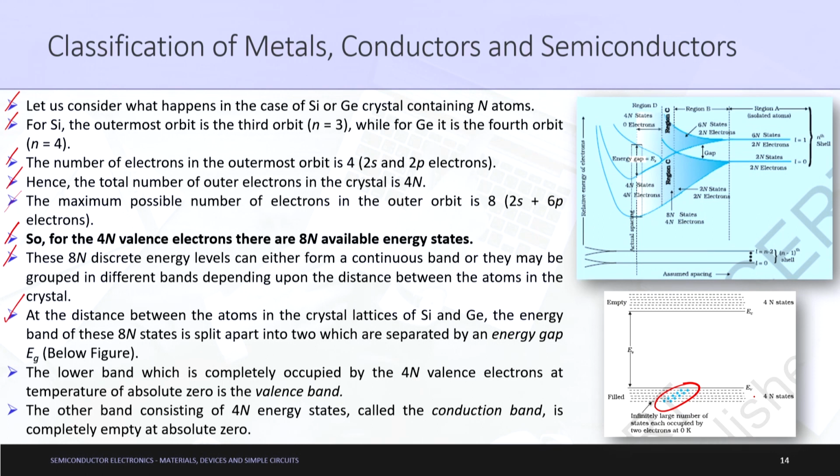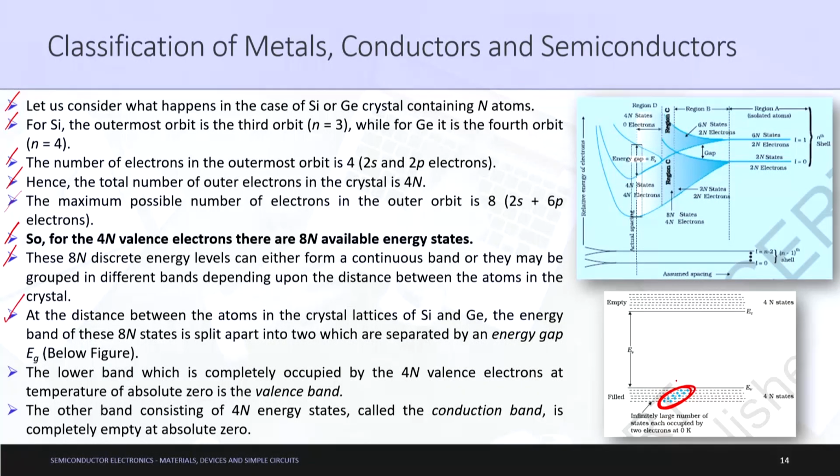The other band consists of 4n energy states. Please be very clear in understanding energy states and valence electrons. There were 4n valence electrons, right. If there are 4n electrons, those valence electrons would be residing somewhere. Let us say for temperature 0, they are residing in something called the valence band.